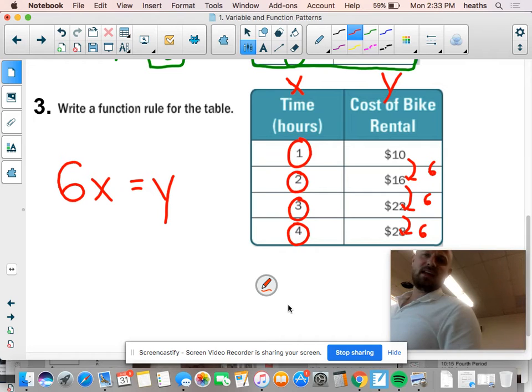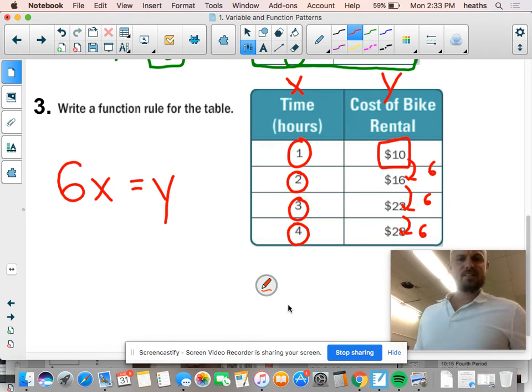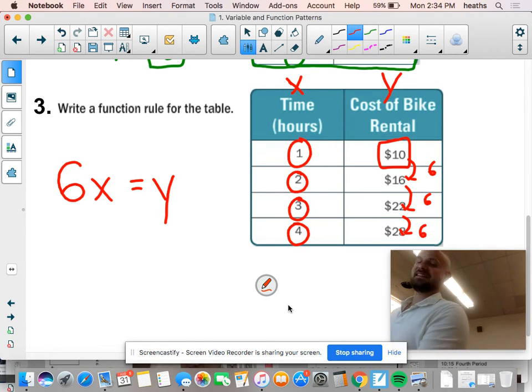And the reason being is that we didn't start off with a 6. We actually started off with $10. Okay? So going from 0 to 10 is different than going from 0 to 6. So what we need to do is figure out the difference, or where it started from. So we're going up by 6, but we started at 10.